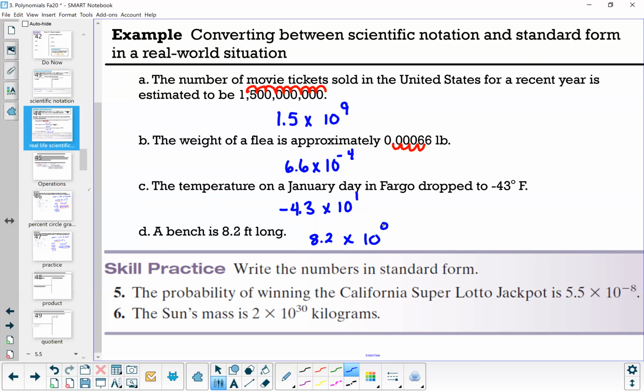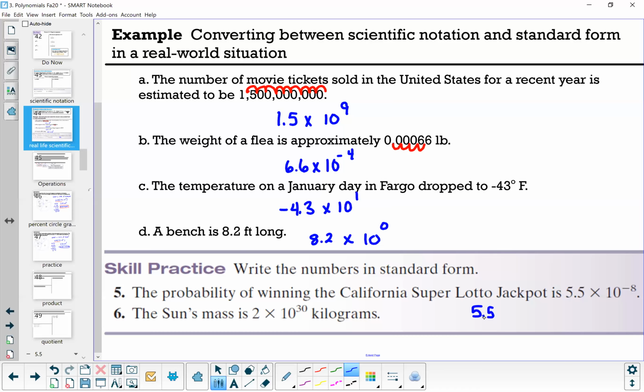All right, let's take a look at a couple more. This time we're going from scientific notation to standard form. So we have the probability of winning the California Super Lotto jackpot is 5.5 times 10 to the negative 8. Writing that in standard form. All right, so if we're starting at 5.5, we have times 10 to the negative 8.